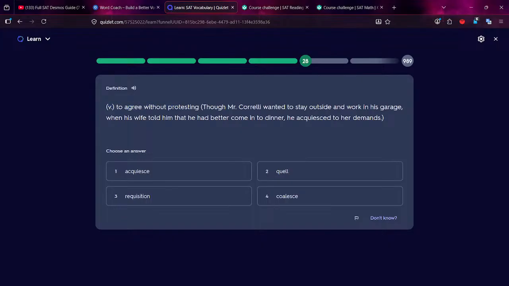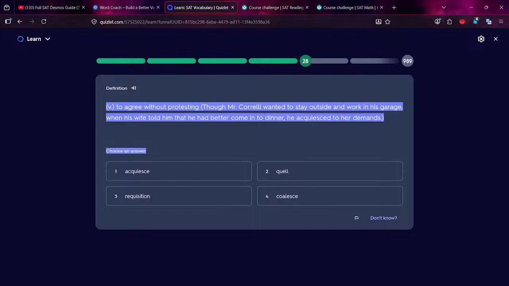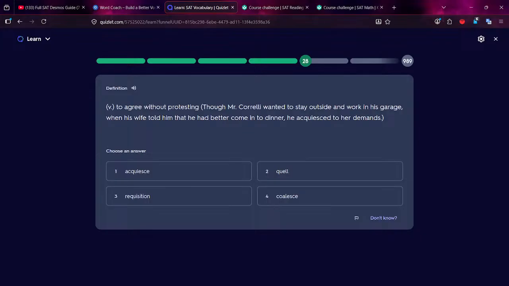Verb: to agree without protesting. Requisition? That doesn't sound like a word that would mean to agree without protesting. Quell? Quell means something else.